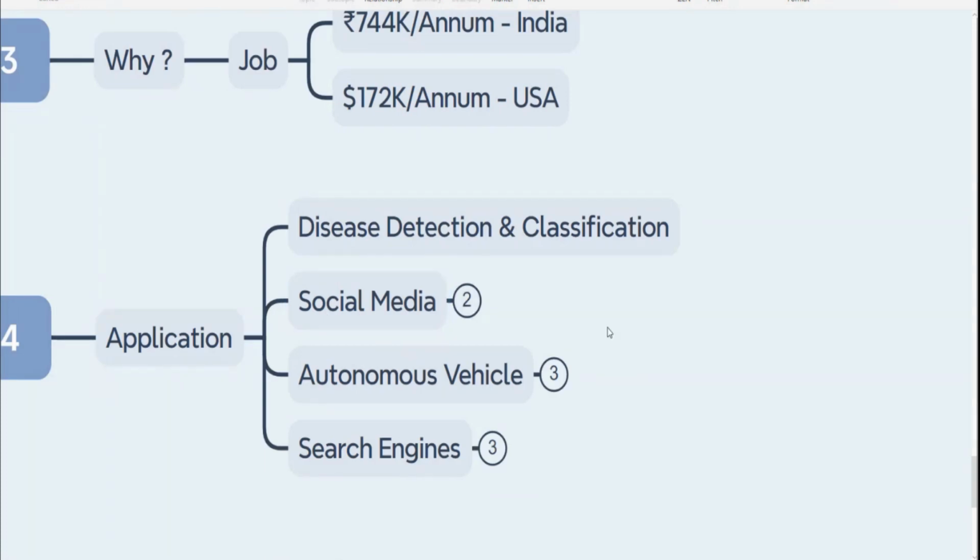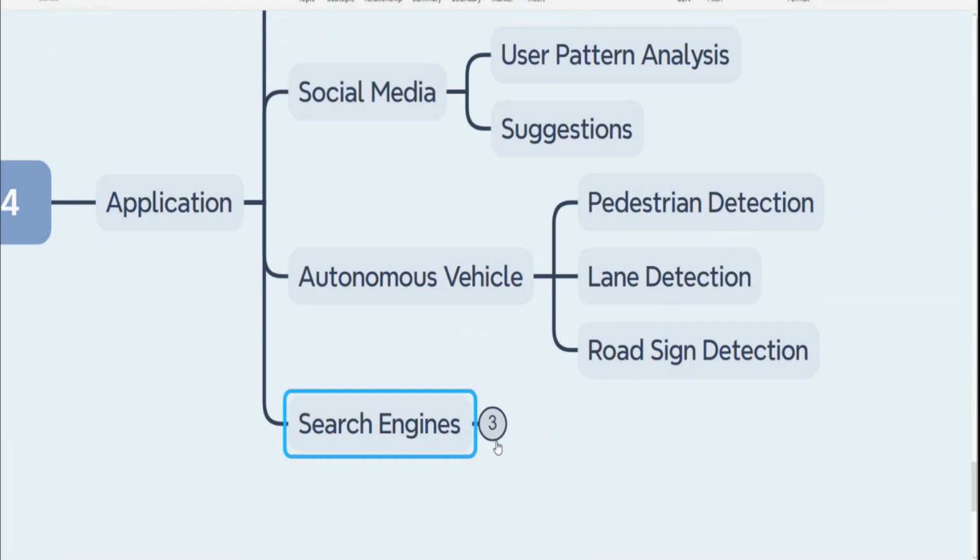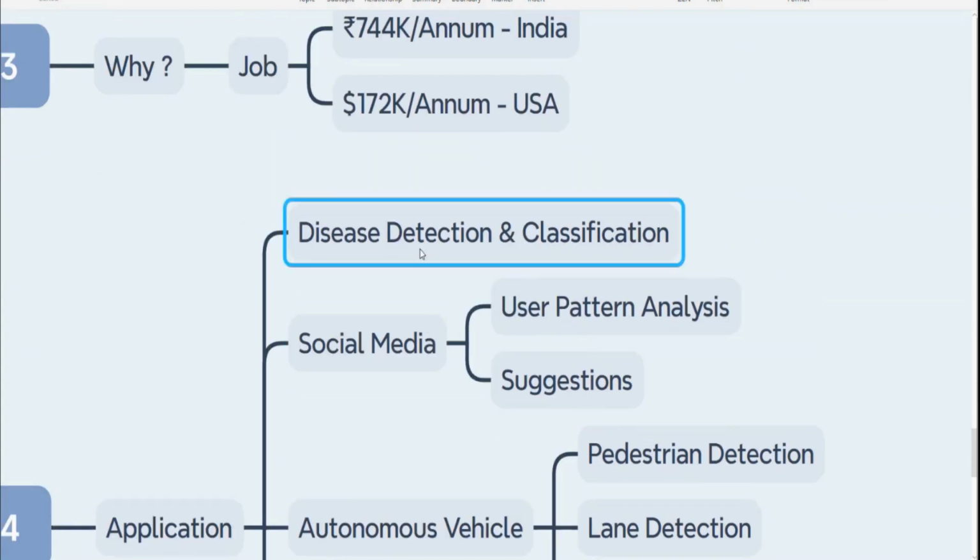So machine learning is not only used for the computer science field alone. Various fields are trying to implement the artificial intelligence concept to increase productivity and accuracy. First, we can use it in disease detection and classification.